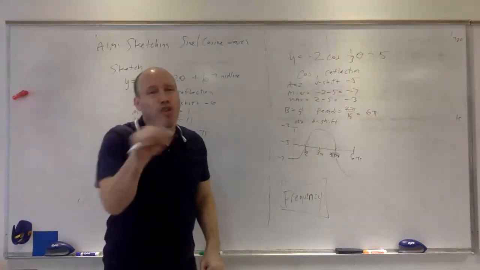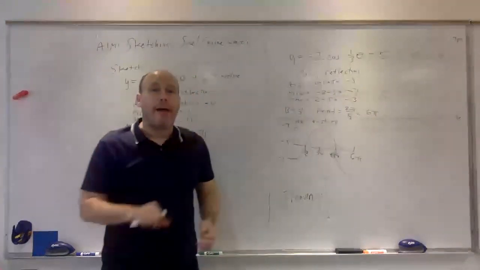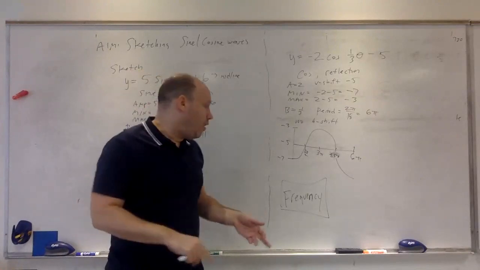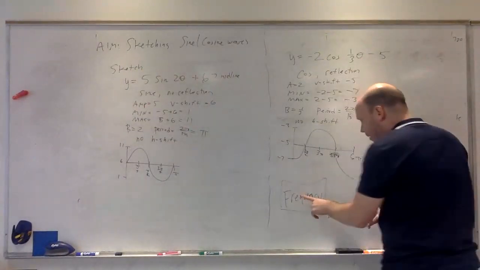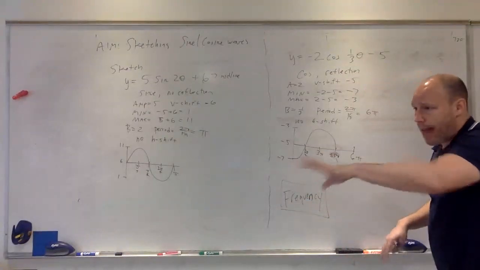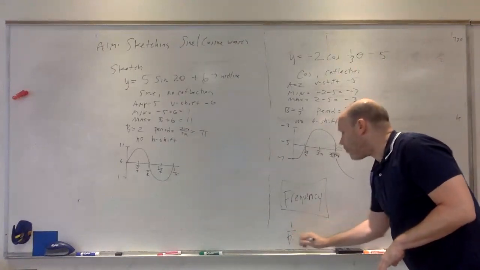But in physics, you don't care about 2 pi. You care about 1 second. You want to know what part of the wave occurred in 1 second. So the frequency in physics, which you're not going to be asked in math and never going to see in the textbook, is actually 1 over the period.